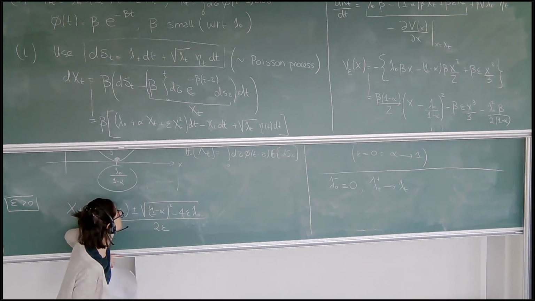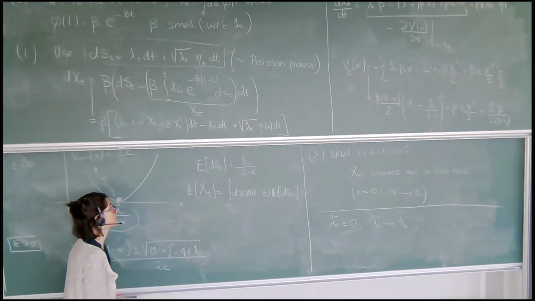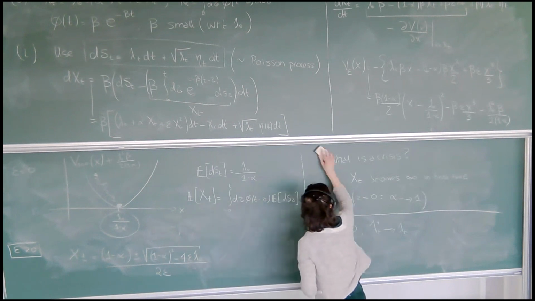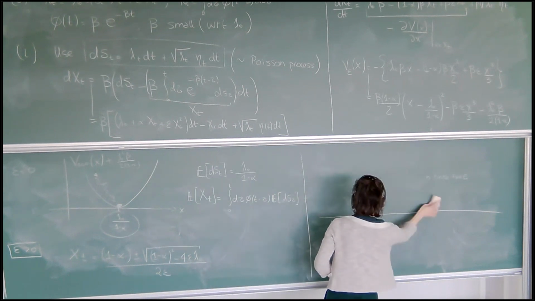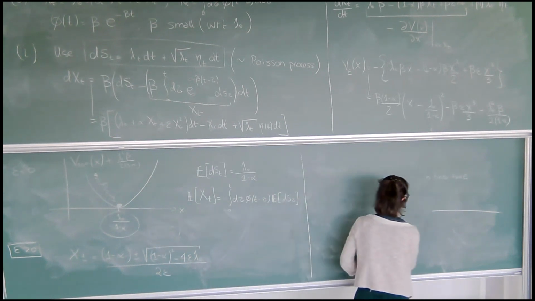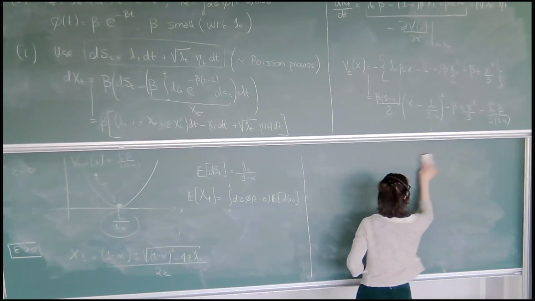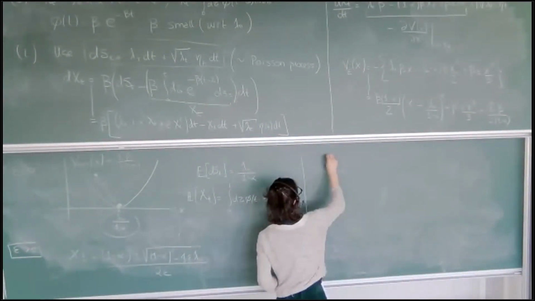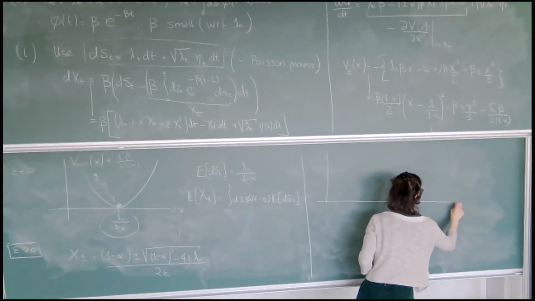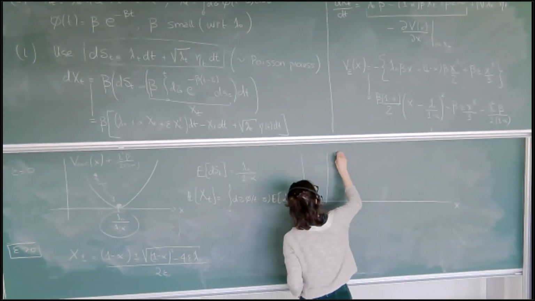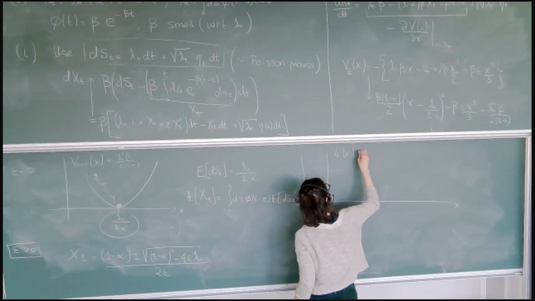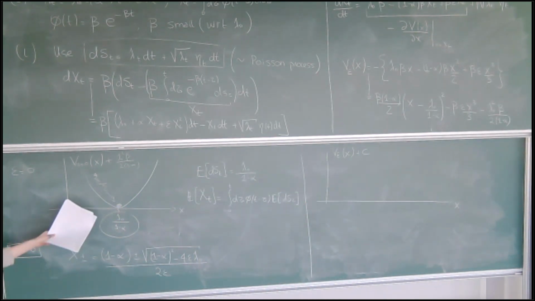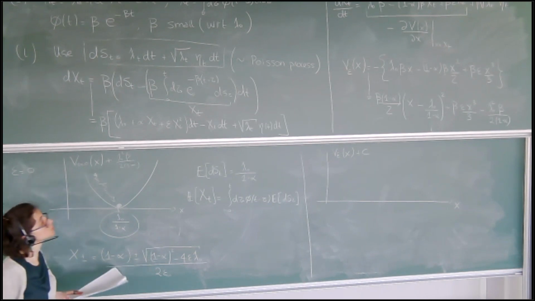So what is the shortcut? It is to use what we already know from epsilon equal to 0, and to guess what is then the shape of the potential for epsilon different from 0. So this will now be V_epsilon plus the constant. Before, this was a minimum, now we switch on epsilon.